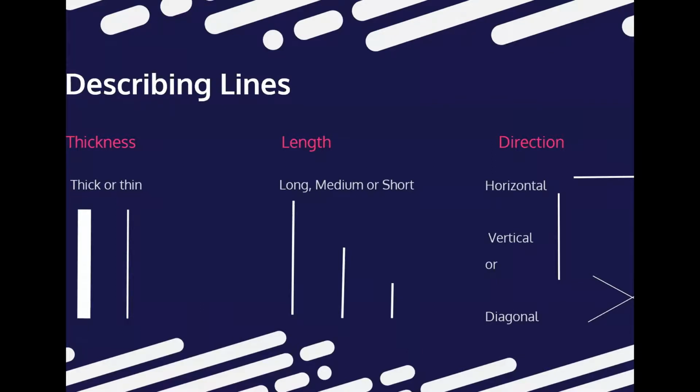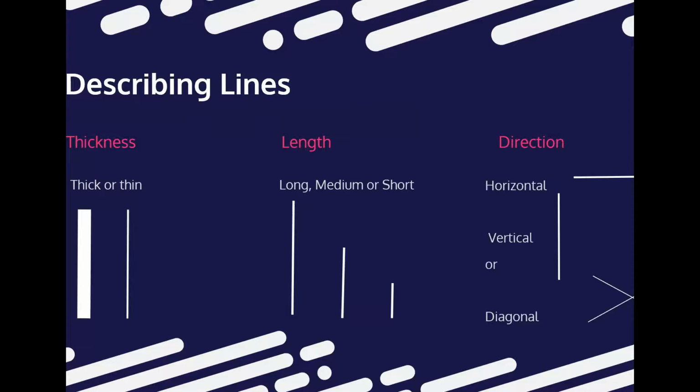It's either a big fat line, and remember, it's okay to be called fat, or you can call it a thin line if it's skinny. You can have long lines, medium-sized lines, or tiny little short lines. And then, I'll back up a moment, we had horizontal, vertical, or diagonal lines.